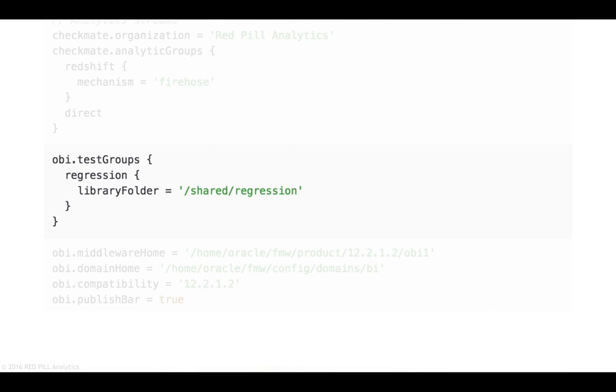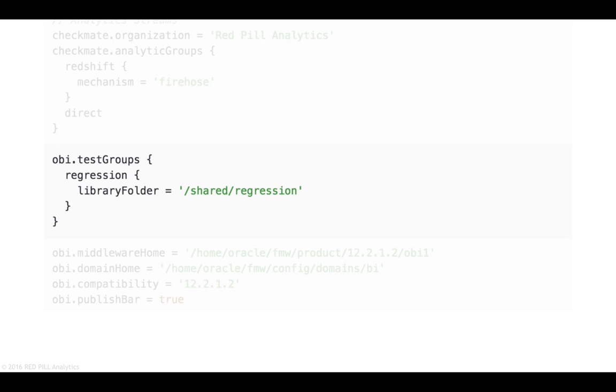Here we're declaring our regression test groups. So it's a named group with a catalog folder that goes along with it. So in this case, anytime we call any of the regression test group tasks for regression testing, we're going to test all of the analyses in the shared/regression folder. So that gives us the ability to declare one or more test groups to be able to use however we see fit.